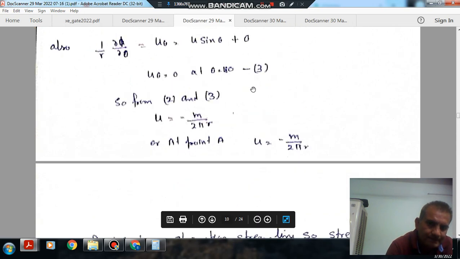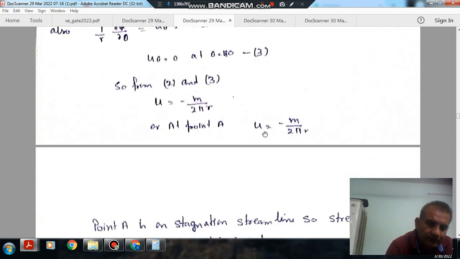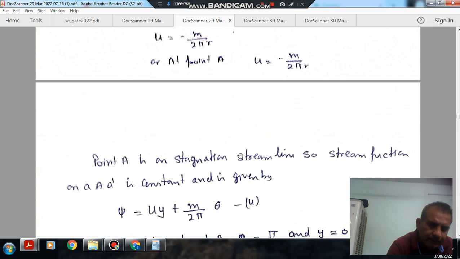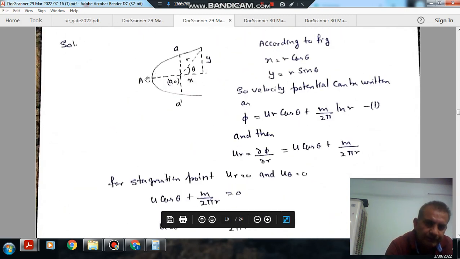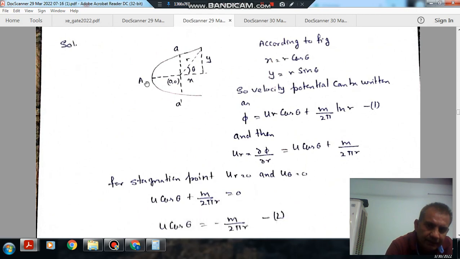So from the stagnation point we get u is equal to minus m by 2 pi r. As A is your stagnation point, this is the streamline.